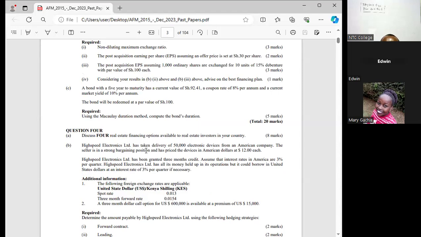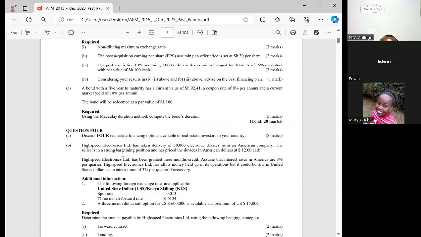High Speed Electronics Limited has taken a delivery of 500 electronic devices from an American company. The seller is in a strong bargaining position and has priced the devices in American dollars. So you can get the price in dollars here.